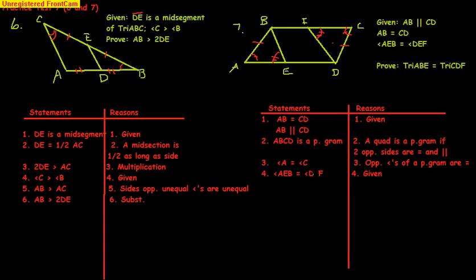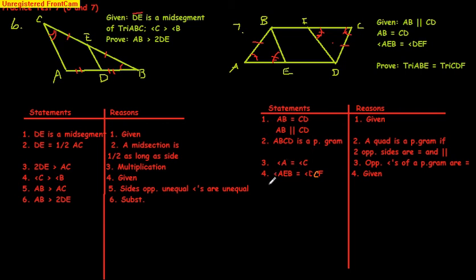This should be DCF. Let me just write that in. I'll try with my tools. DCF. Still not working. There we go. DCF. It's a little bit different color red there.